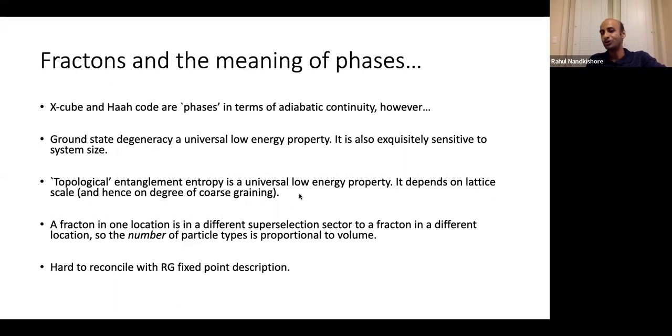Or topological entanglement entropy, that's a universal low energy property. But the topological entanglement entropy for fracton phases knows about the lattice scale. It knows about the size of the entanglement cut. So again, how could you possibly capture that in a purely continuum field theory, which has forgotten about the UV regularization?